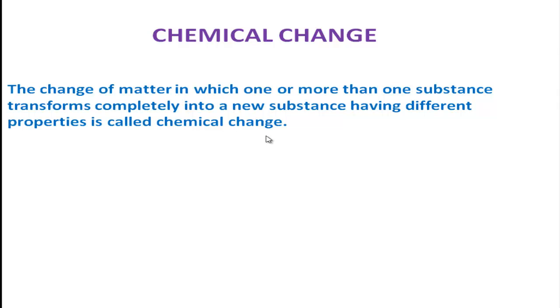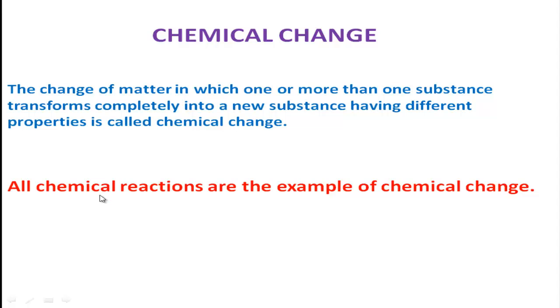The examples of chemical change are actually all the chemical reactions. That means if you see any change where a chemical reaction occurs, this change is an example of chemical change. Chemical change means there must happen a chemical reaction. Understood, my dear students?